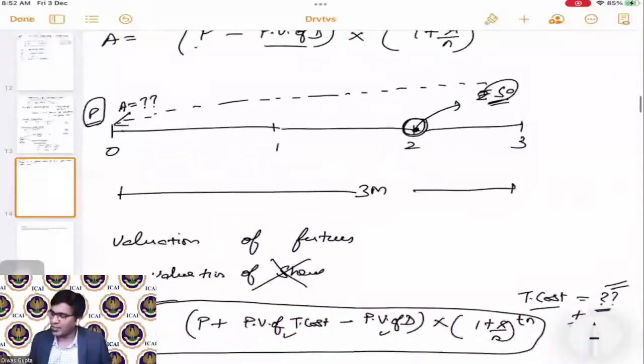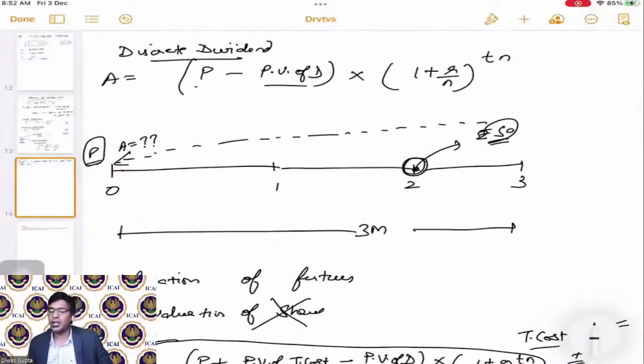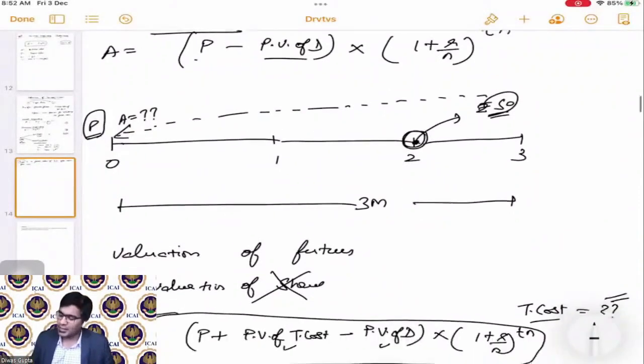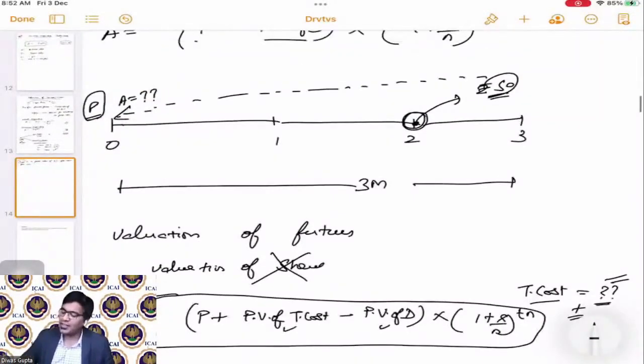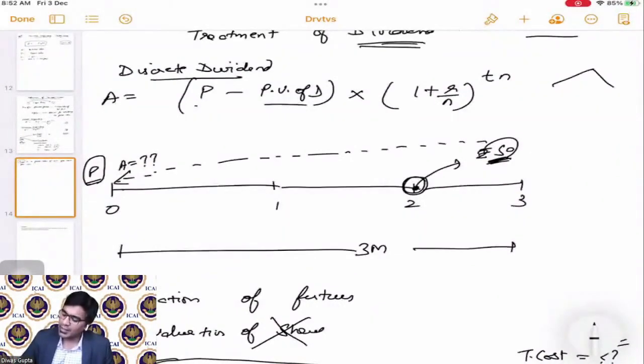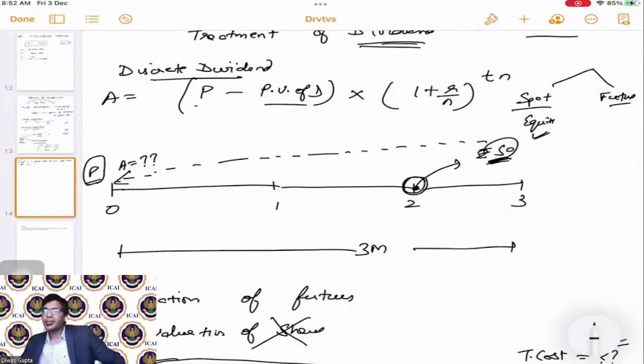Now Namita is asking why the dividend of 50 will get reduced. The logic here is that this 50 rupees of dividend, Namita, tell me one thing. We are talking about two markets, right? One is the spot market, one is the futures market. If anyone holds an equity share in the spot market, he will be entitled to receive the dividend, and hence it is okay to include that 50 rupees in the value of the equity share, correct?